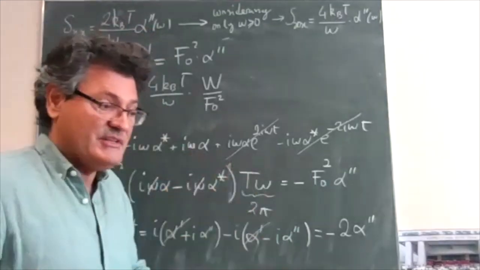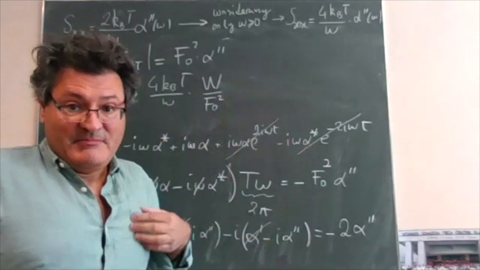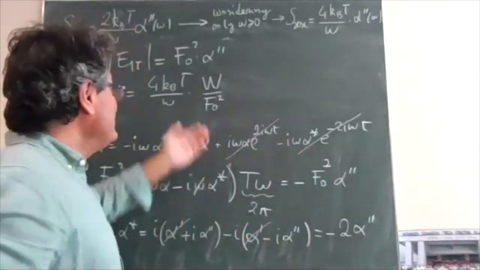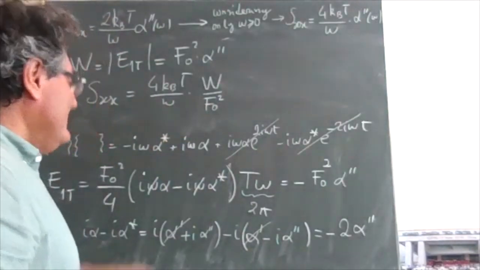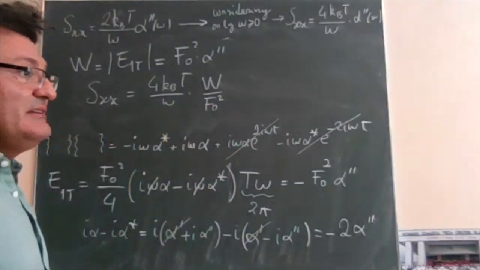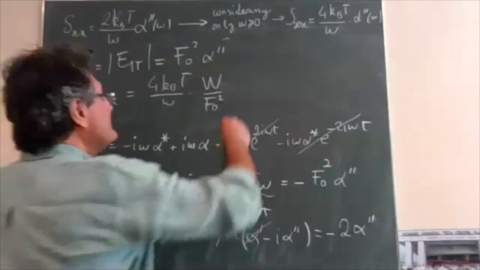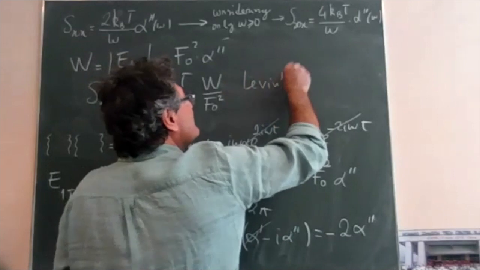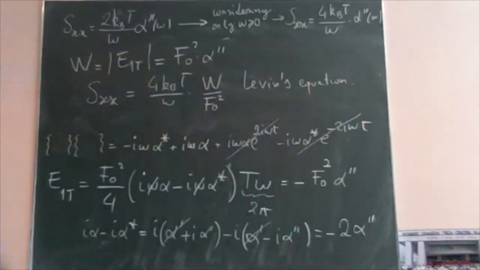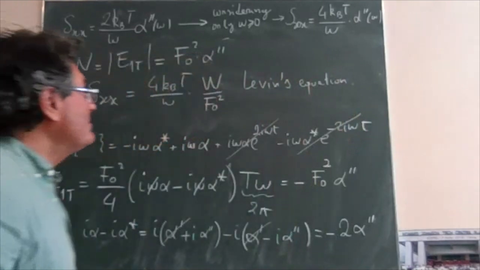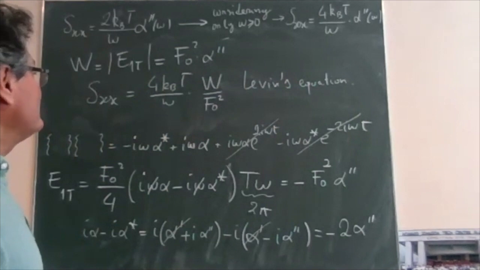So we impose the force, we deform the system, we calculate the dissipated energy, and then we divide it simply by the force, okay? In a minute, I'll show you how to calculate the dissipated energy through this technique. So it's called the Levin equation, which is rather important for the calculation of thermal noise. Okay, great.